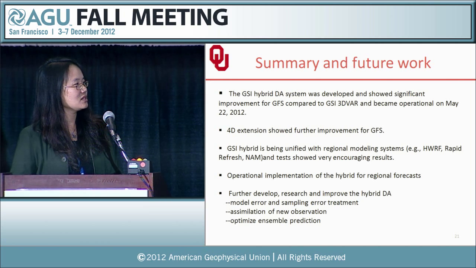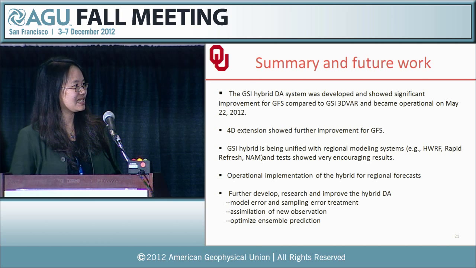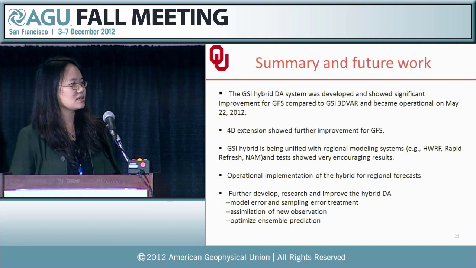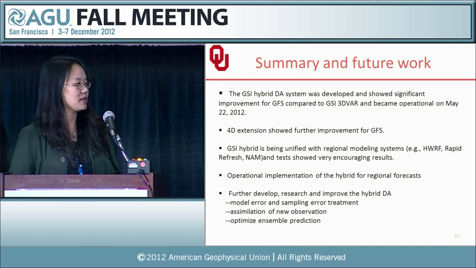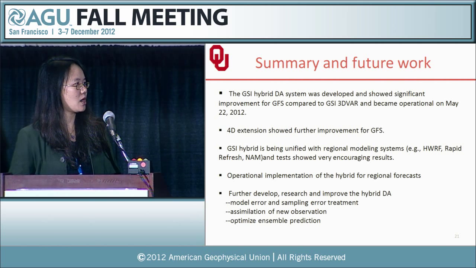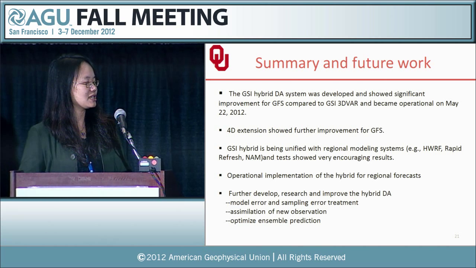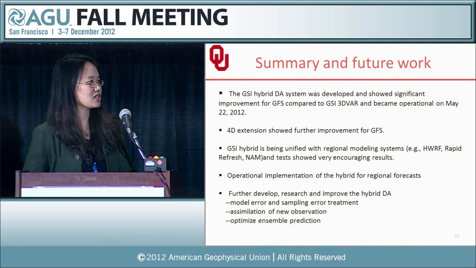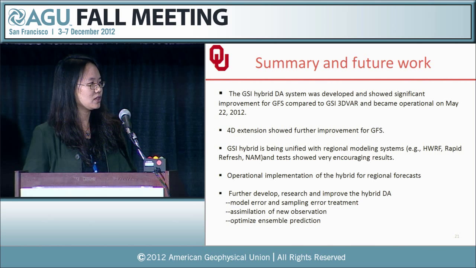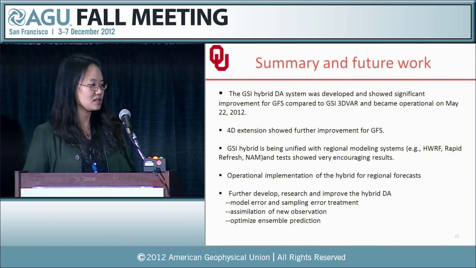The test of GSI hybrid with a regional system also showed very encouraging results. We plan to work with our collaborators to operationally implement the hybrid for regional forecasts. There are still a lot of things to do about hybrid data assimilation, like how to further treat model error and sampling error, how to assimilate more advanced new observations, and how to optimize ensemble prediction within the hybrid data assimilation system.